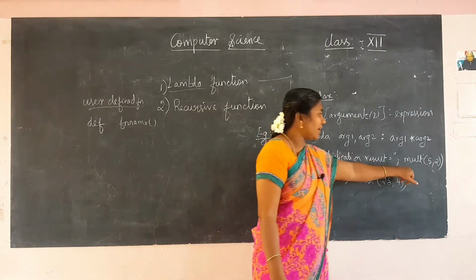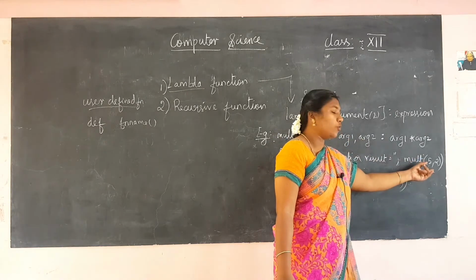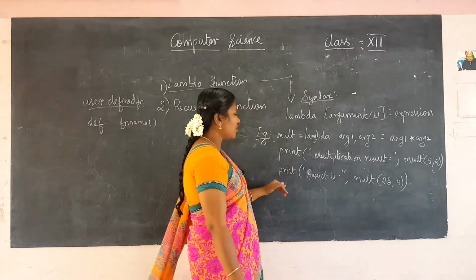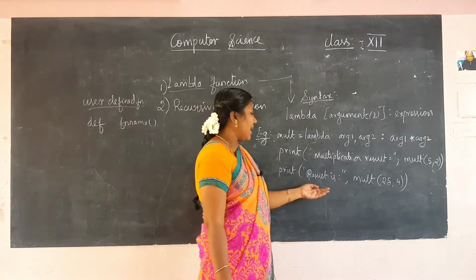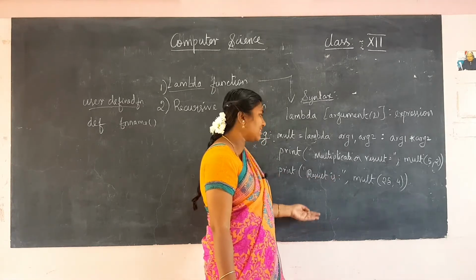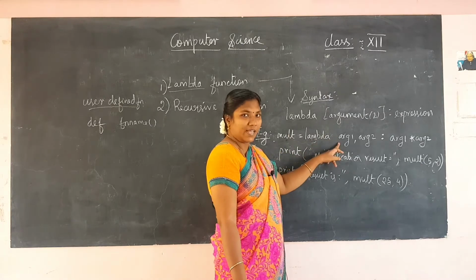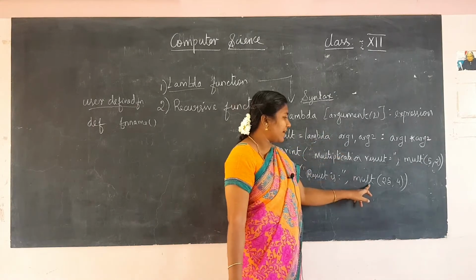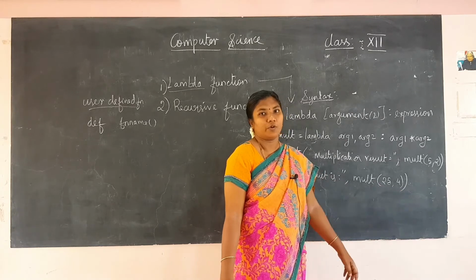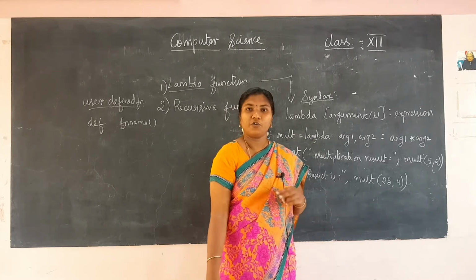It has two arguments, therefore I am giving two values, 5 and 2, within the brackets. In the next print statement, "result is" is displayed as such, and again I am calling the function assigned to the lambda, the variable mult, with two argument values, 25 and 4. So the function has been created, and I am using it for two simple purposes.